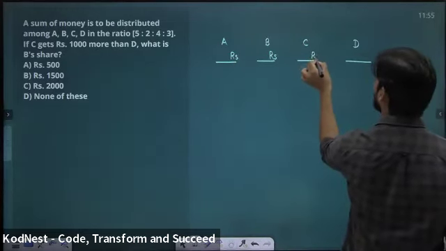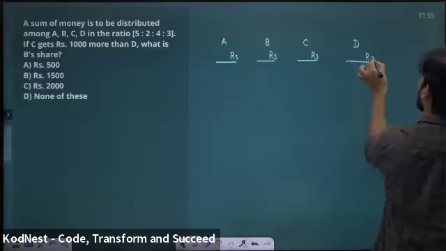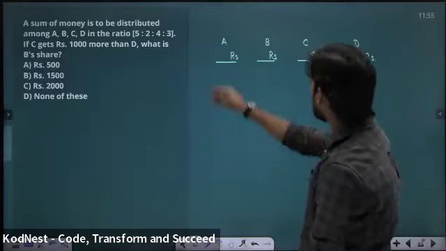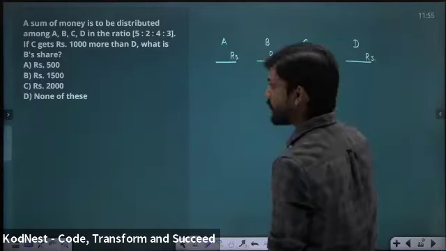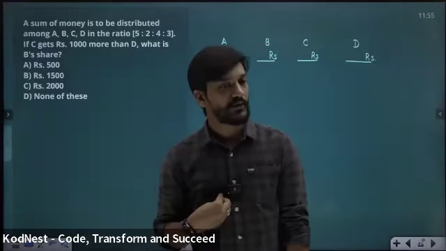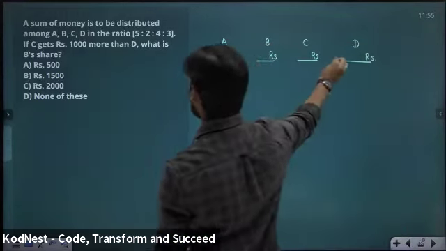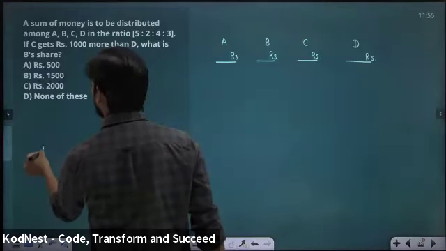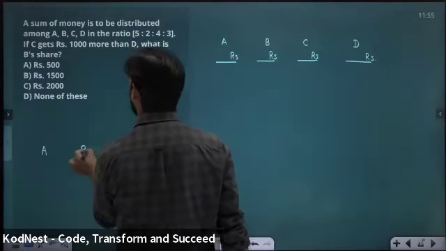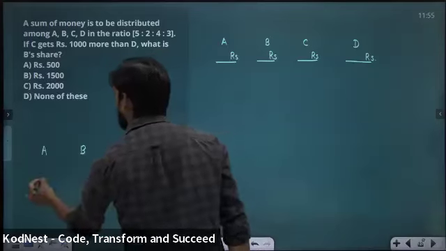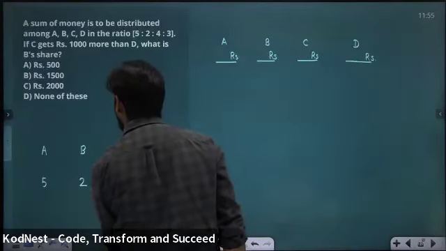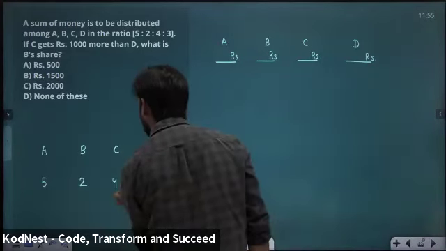How much rupees? I don't know, but yes, they will get something. I will find. So these are four numbers. What is given to me is the ratio of these four values: 5, 2, 4, and 3.